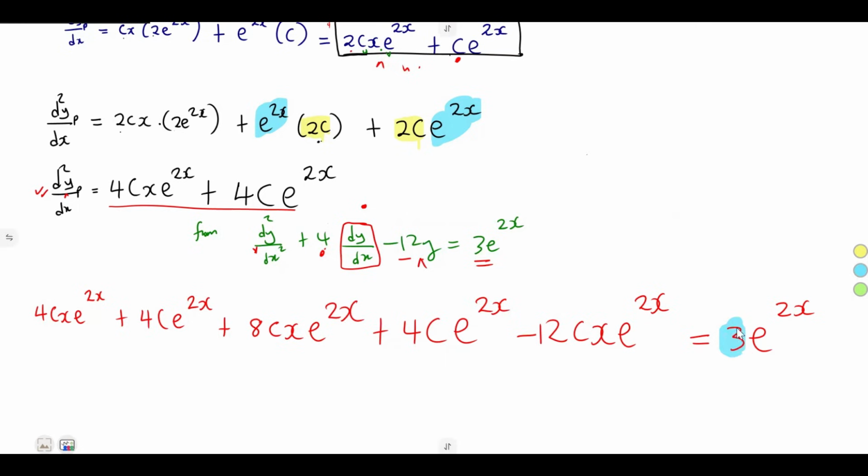We do not have x. So we are going to equate this to any part on the left-hand side having e to the exponent of 2x, but being constants where we do not have x.